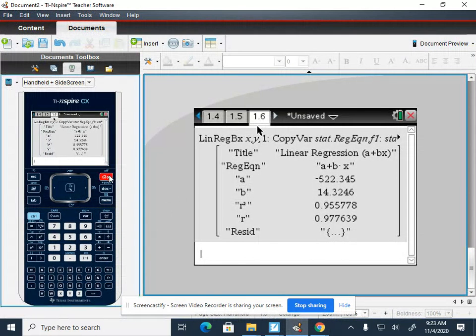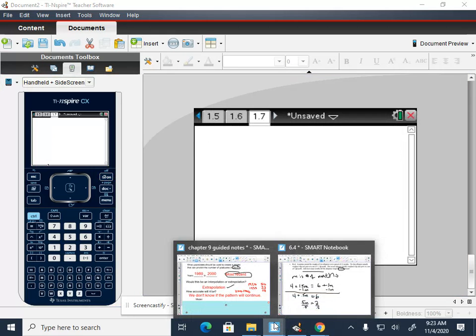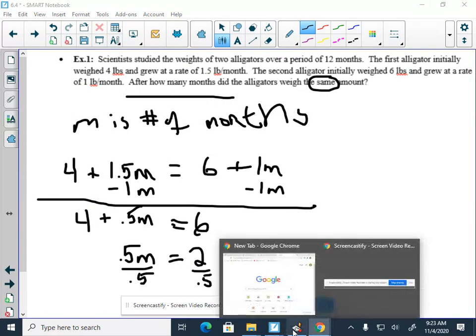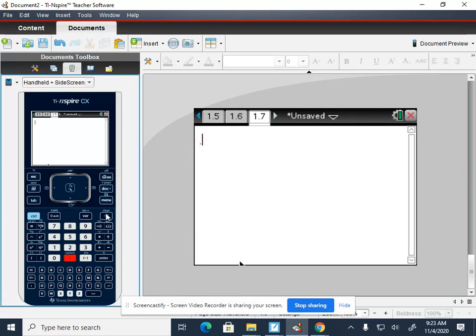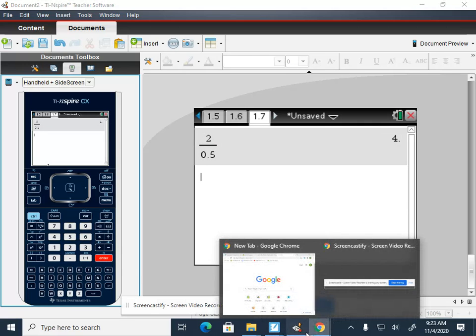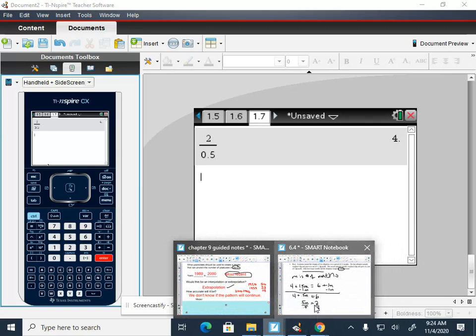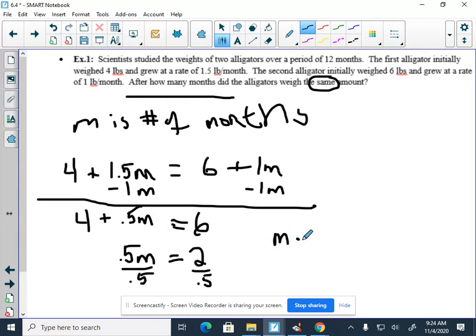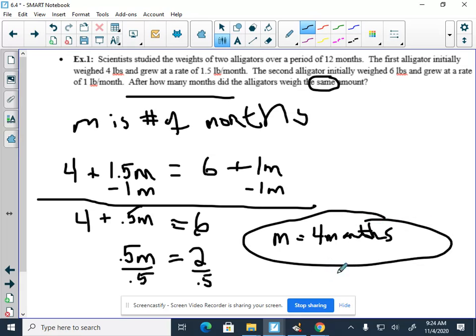If I take 2 divided by 0.5, sorry, not 0.2, 2 divided by 0.5, I get 4. Okay, so it would take 4 months and the alligators will weigh the same.